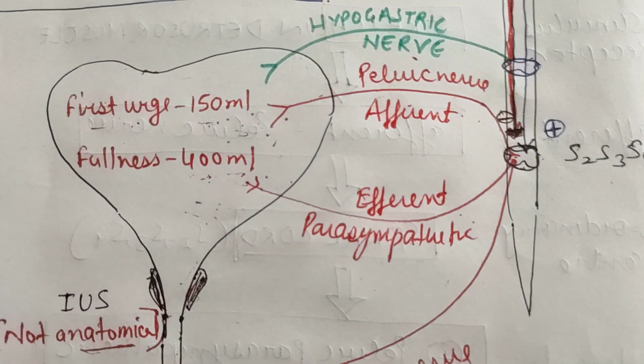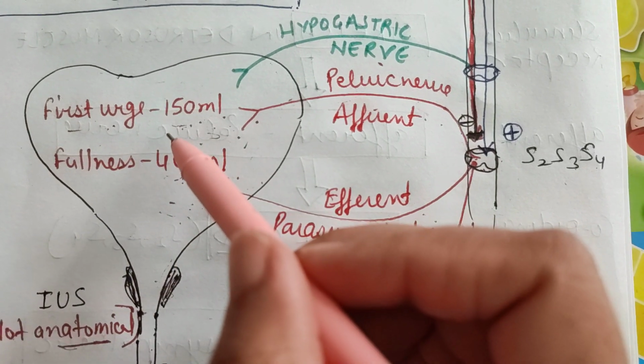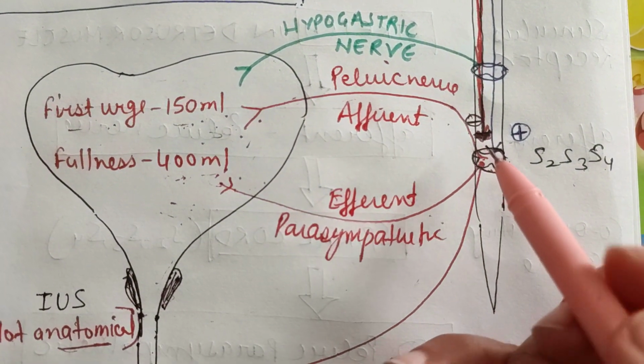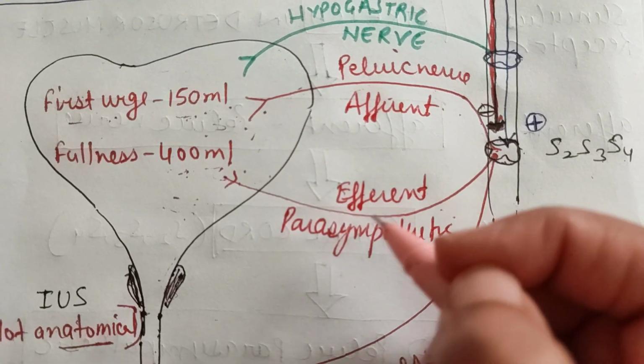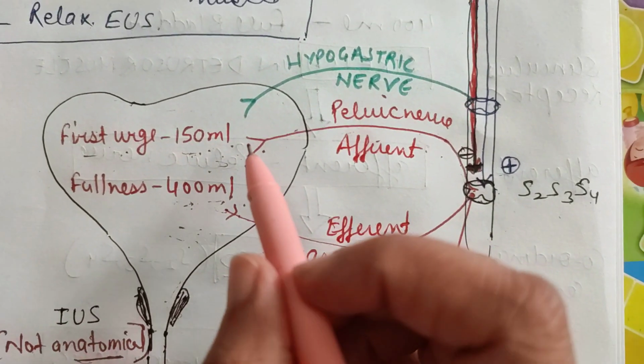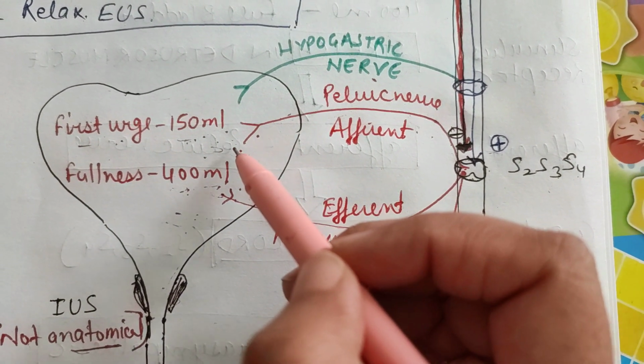So how does this occur? For this to happen, we should have a sensory nerve, which is called afferent, and an efferent, which is the motor one, right? One should first carry the stimulus from here.